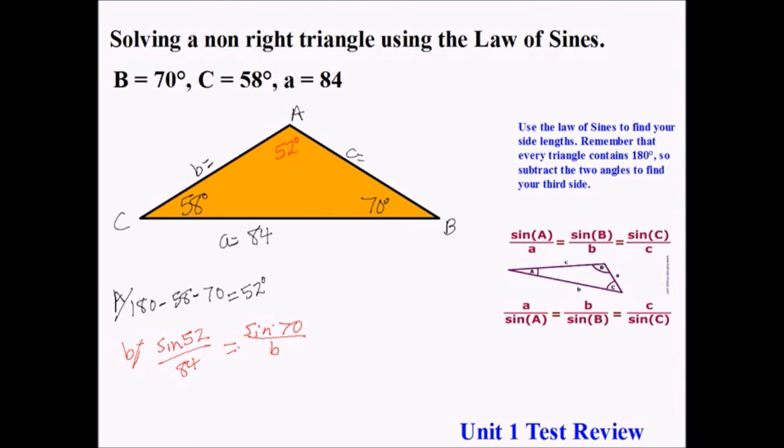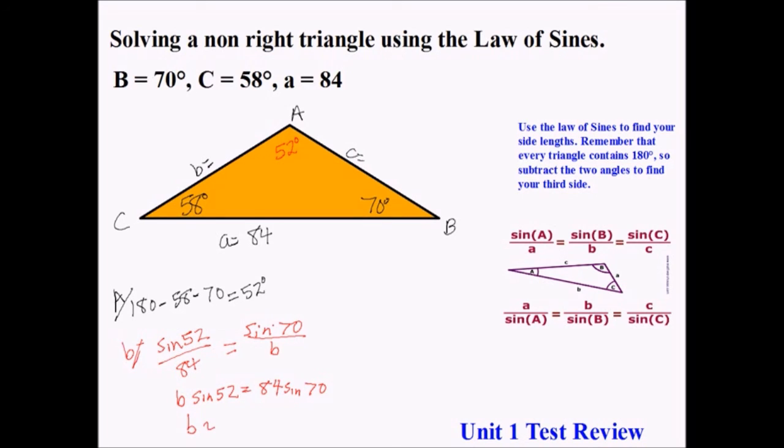When you cross multiply, it's going to be b sine of 52 is equal to 84 sine 70.